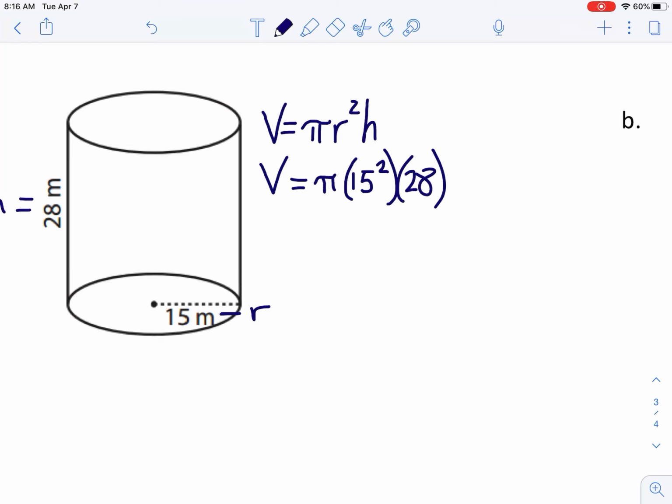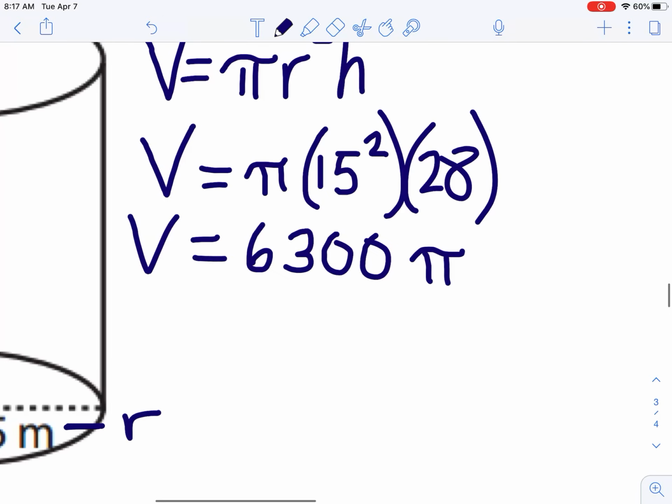Now what you want to do, like I said, just leave the pi and multiply the other values together. So if you get your calculator out, I'm just multiplying this part, and I'm getting 6,300 pi. Ooh, what are the units for volume? How many dimensions?